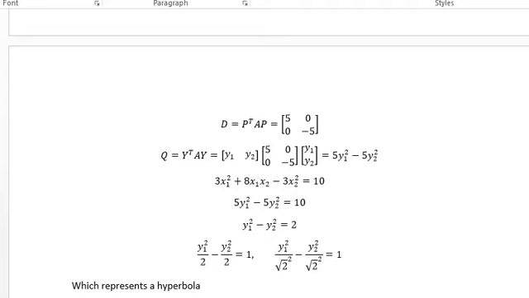Which equation does it represent? Take that 2 to the left hand side, you get y1 square by 2 minus y2 square by 2 equal to 1. This is of the form x square by a square minus y square by b square is equal to 1, which is the hyperbola equation. So this represents a hyperbola.